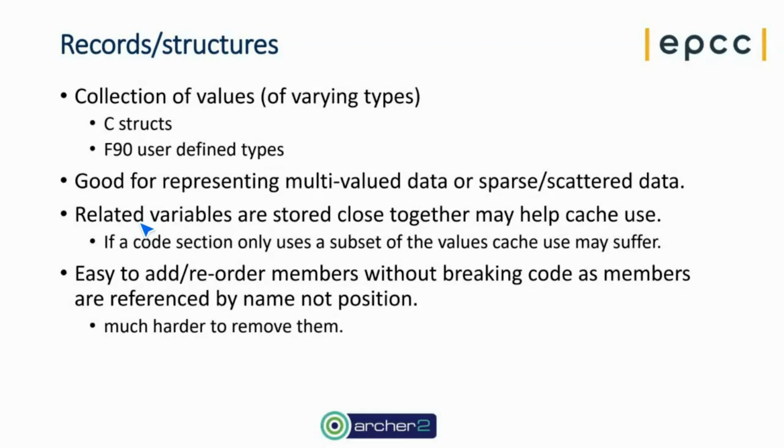Again, we can exploit the fact that contiguous addresses will be loaded in the same cache block, so you can get good spatial locality and reuse. If the code section only uses some subset of the values, then some of the stuff that's loaded into the cache won't get used.